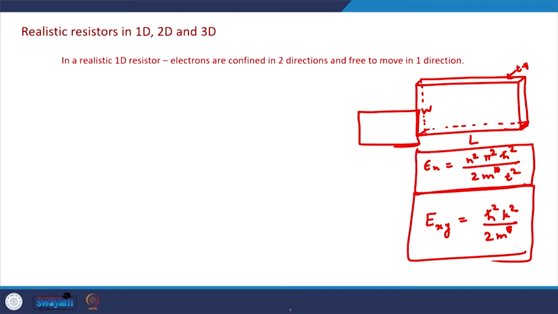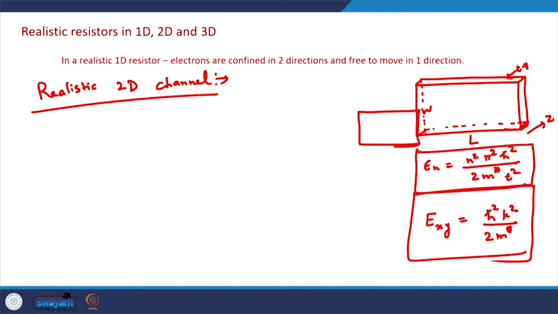Okay, so let's consider the case of a practical or realistic 2D channel. In a realistic 2D channel, the electrons are confined in the z direction, and electrons are free to move in the x and y directions.